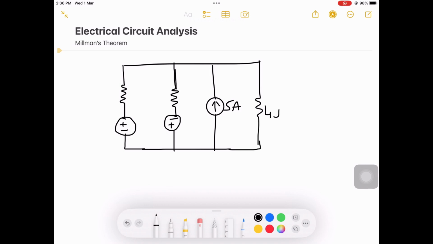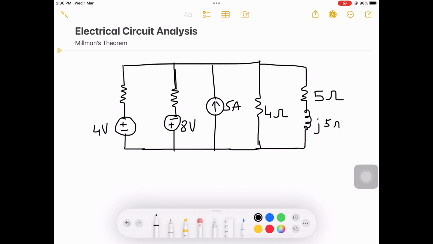The current source is 5 amps, the resistor is 4 ohms, and there is a terminal AB, across which there will be 5 ohms in series with j5 ohms, that is R plus jXL. Let us write the values for the sources and the resistances: 4 volts, 8 volts, 3 ohms, 2 ohms.